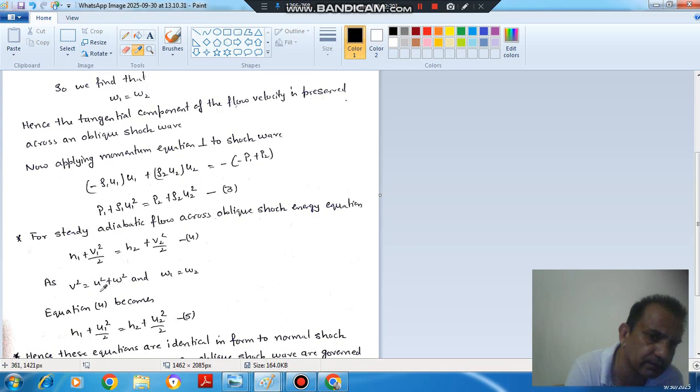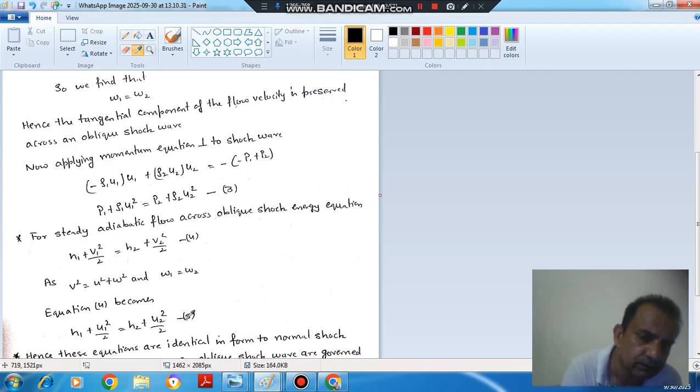So v square is u square plus w square, and we have derived that w1 is equal to w2. So v1 square is u1 square plus w1 square, and v2 square is u2 square plus w2 square. The w1 square and w2 square will cancel out. So we will have the energy equation as h1 plus u1 square by 2 is equal to h2 plus u2 square by 2. That is equation number 5.